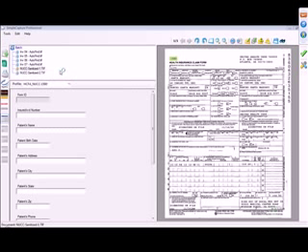Now, there are two modes to operate in. One is a low volume type of solution that installs on the desktop, and the other is our high volume server-based solution.